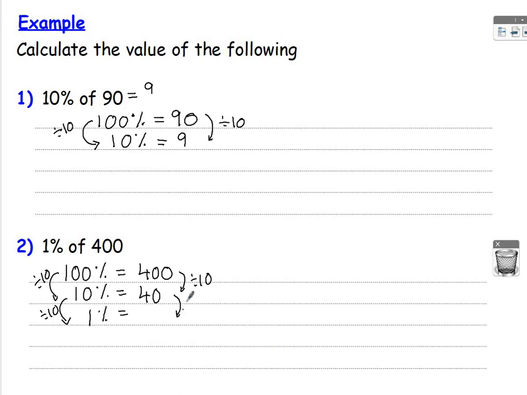So divide 40 by 10, which gives you an answer of 4. So 1% of 400 is 4. Now I know that some of you would see that from this part, you could go straight to 1%. How do you get from 100% to 1%? Well, you divide by 100. Divide this by 100, and that gives an answer of 4. Both methods are absolutely fine.